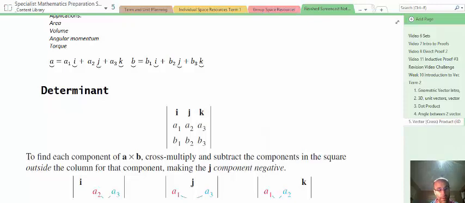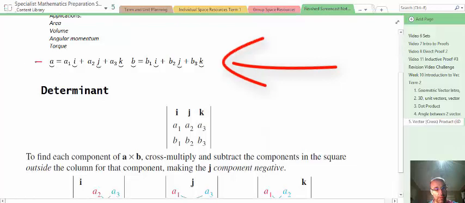Showing you the most direct way of finding the cross product or the vector product of two three-dimensional vectors is done using a process involving the determinant, which I'll explain in a minute. Before we do that, let's just define two generic vectors here. We have vector A, which is A1 i plus A2 j plus A3 k.